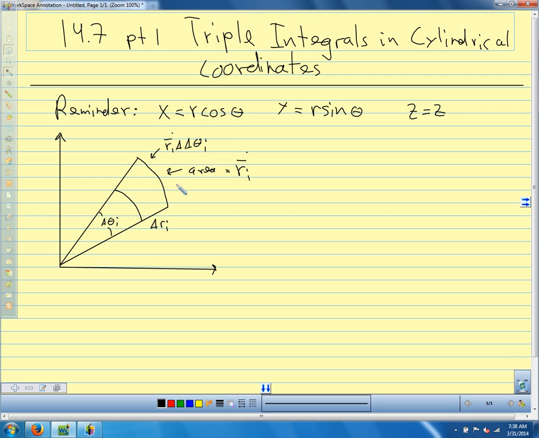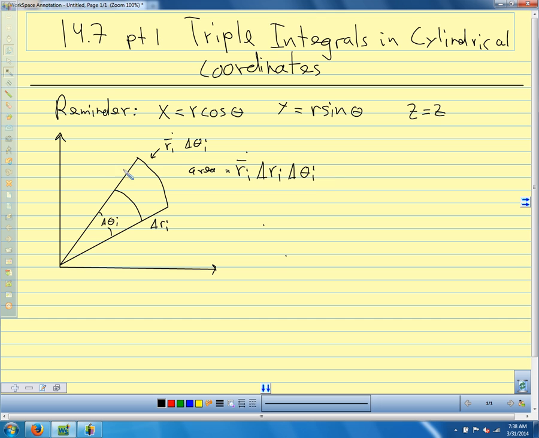And the area is r sub i, delta r sub i, delta theta sub i.